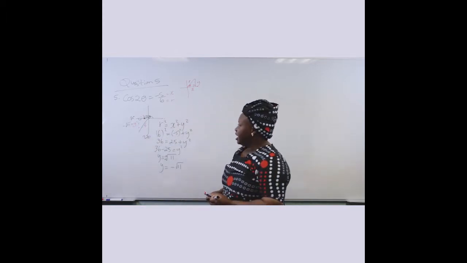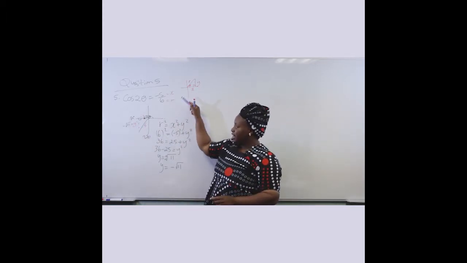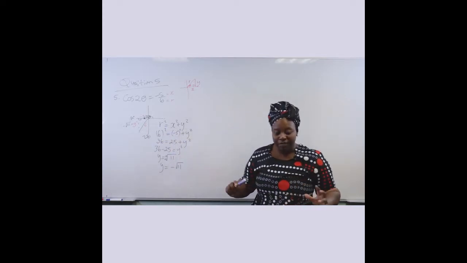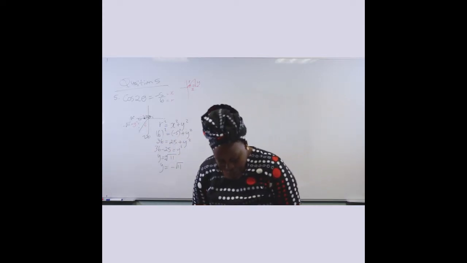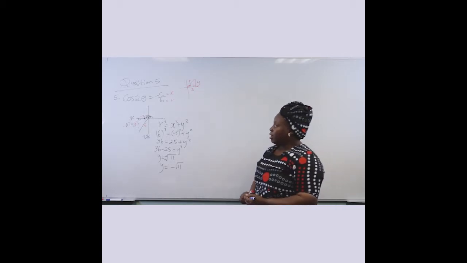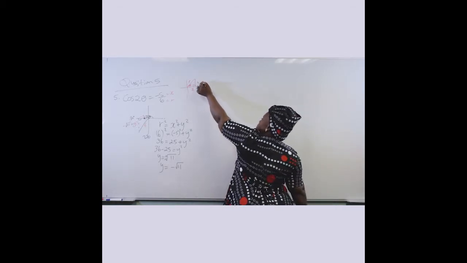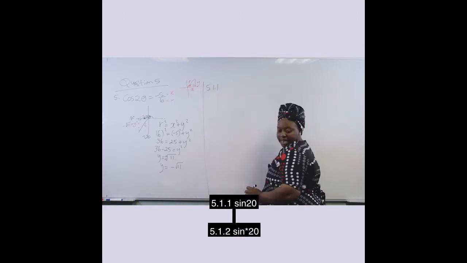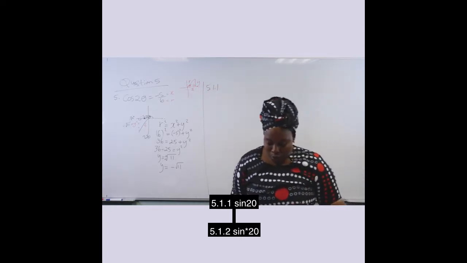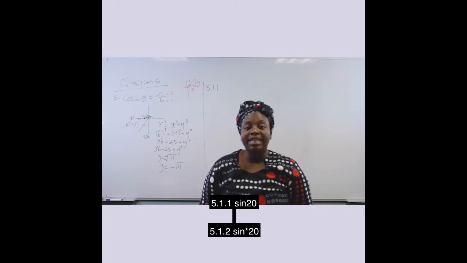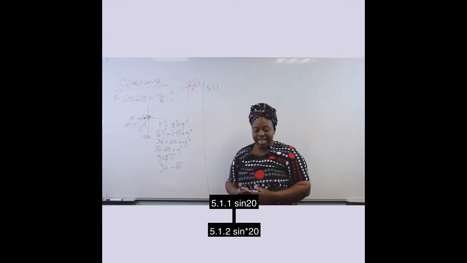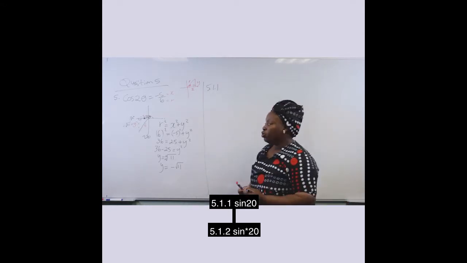We haven't yet looked at the question, but you have done all this, and it carries marks as well. By showing this, you already have some of the marks before answering the question. Question 5.1.1 says that we have to calculate, without using the calculator, the value, in the simplest form, of sine 2 theta.